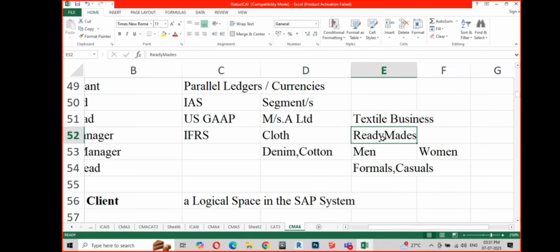Or is it at the denim or the cotton level? Or is it at the men formals, men casuals, women formals and women casuals level? These are all the business segments. So your company code is not the same as your segments. Your segment is the basic entity from where you start reporting your results. That is what you see in your course content also.